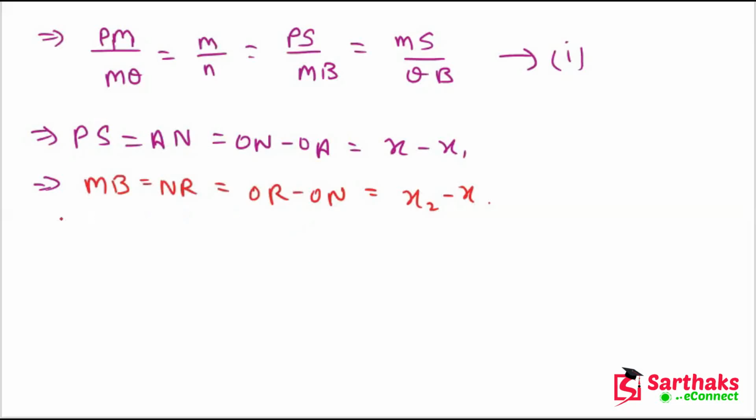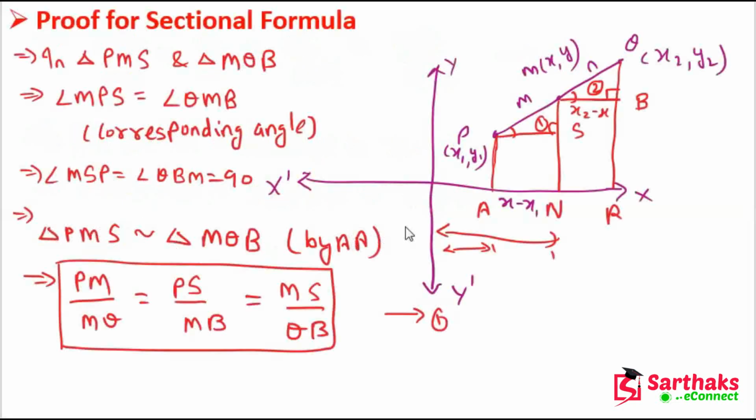So now we have to find MS. What is MS? Let's see this point. M has y and S has x and y1.